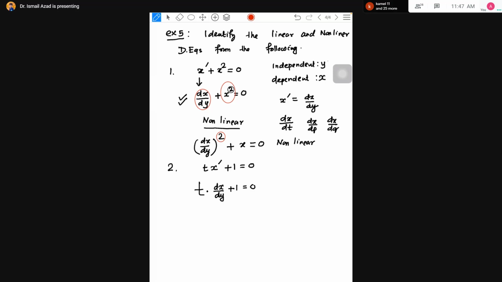Yes, sir. But some student may write it like this, t into dx by dt plus 1 equal to 0, because they are free to choose. Yes, that's correct.